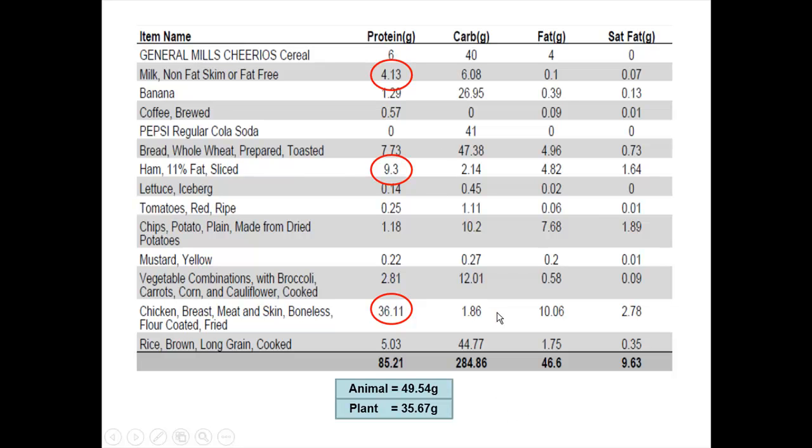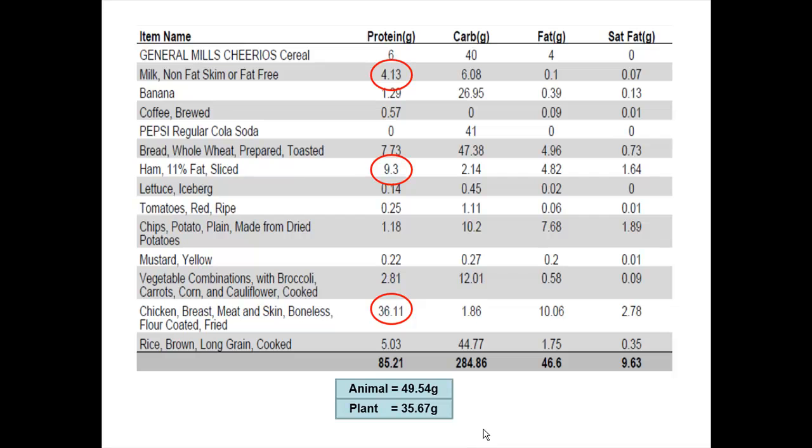So in this scenario, I've got 49.54 grams from an animal source and 35.67 from plant. You would do that for each day, and then once again get the average. So in my scenario, I'd take 49.54 plus whatever I got for day 2 plus what I got for day 3, add those together, divide by 3, to get an average.